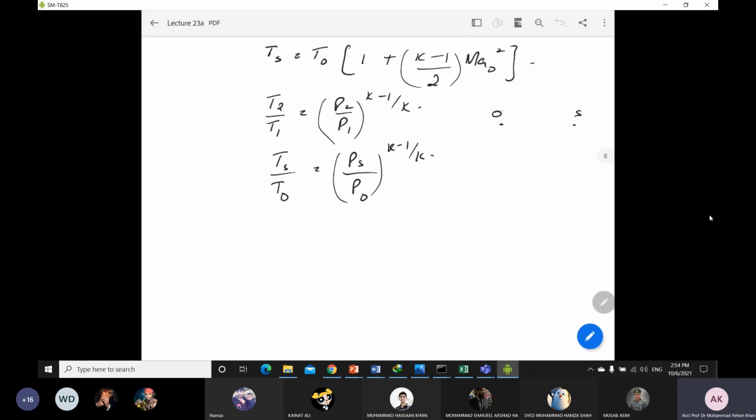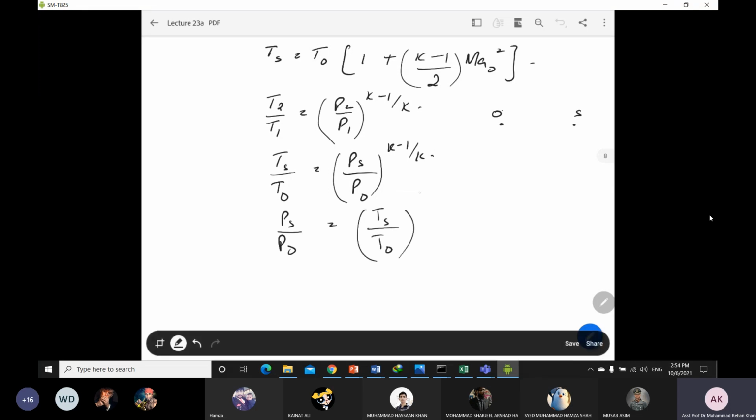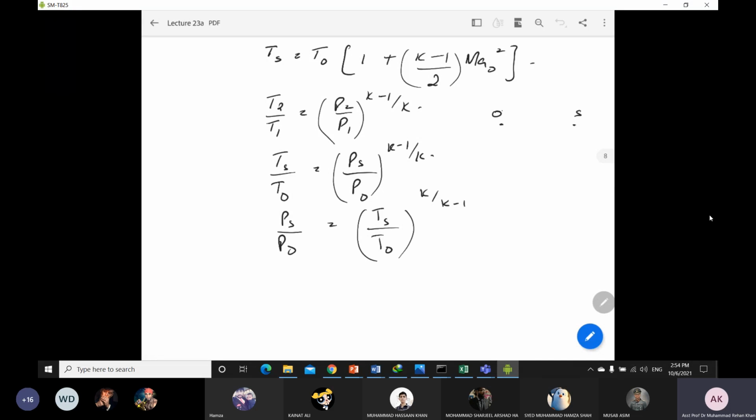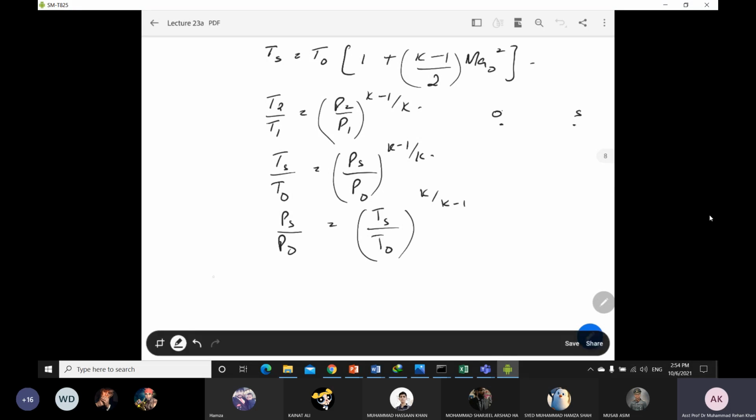Now we can simply say that Ps divided by P naught is equal to Ts divided by T naught raised to K divided by K minus 1. So you can easily write the equation like this.